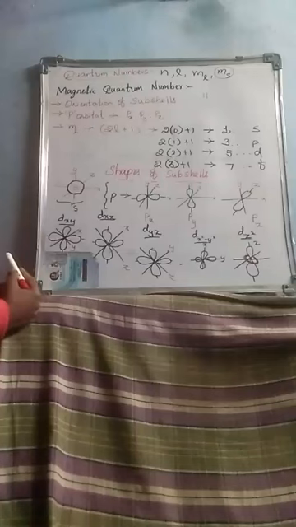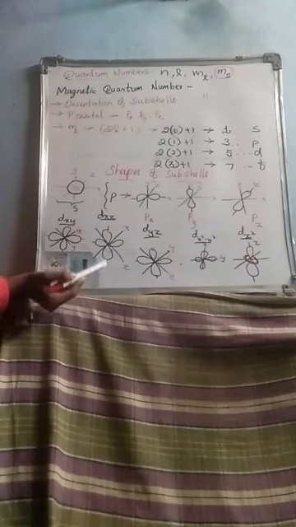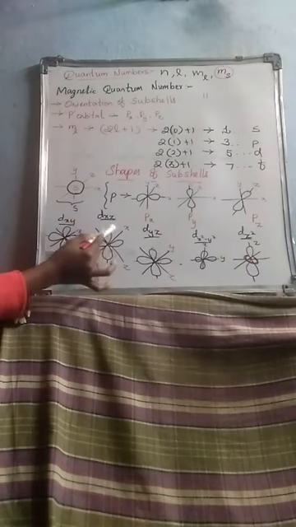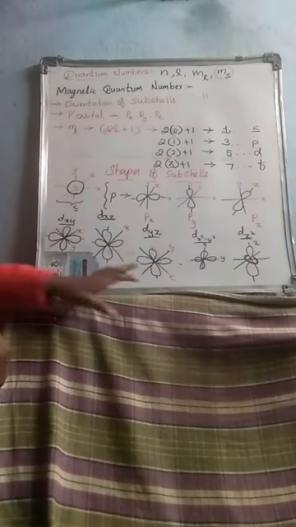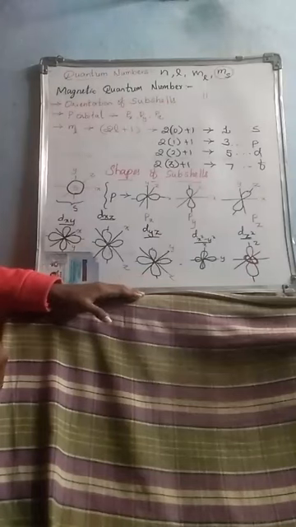Here x, here y, and the lobes are present in between those axes. And here dxz, where the lobes of the orbital are present between x and z. And here dyz, the third orientation of the d orbital.